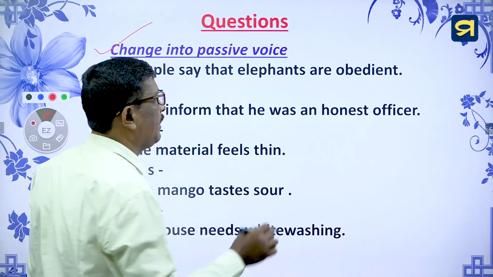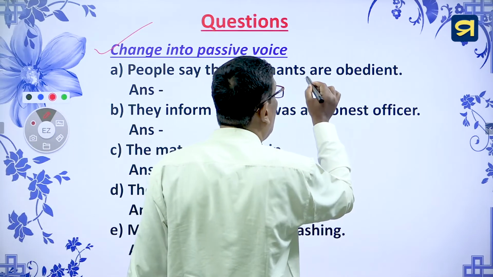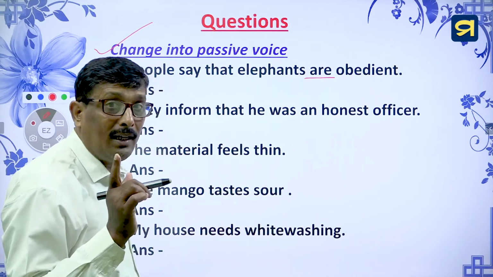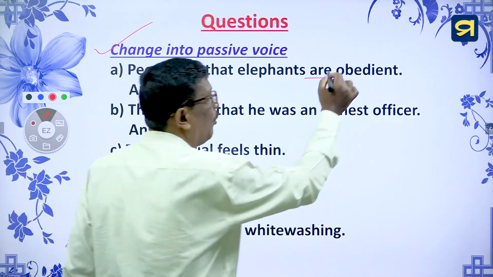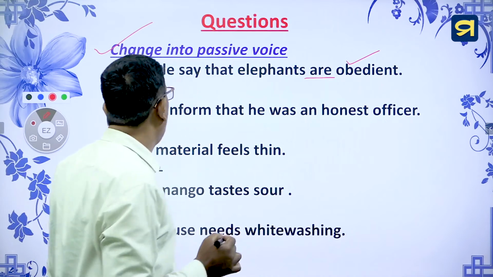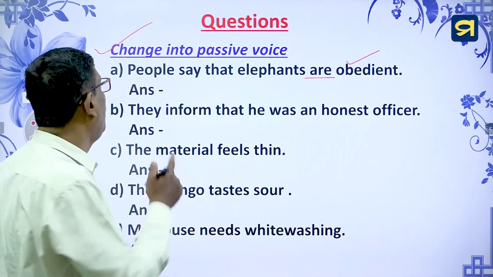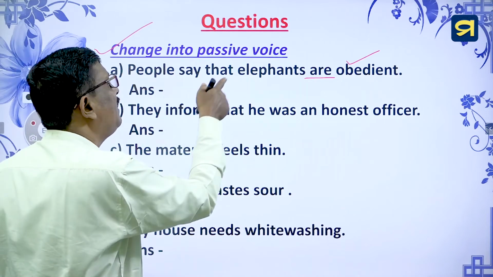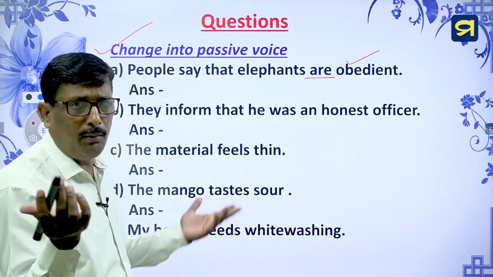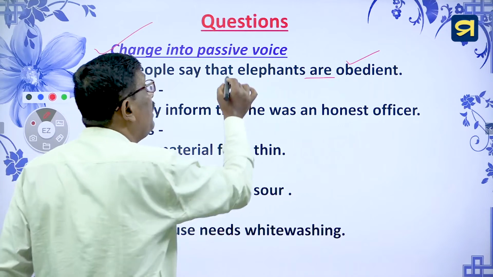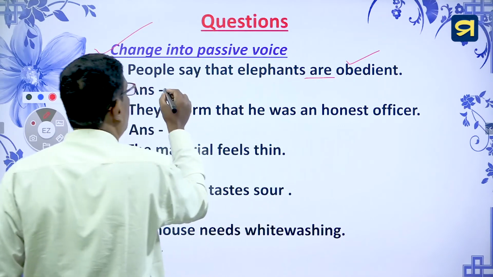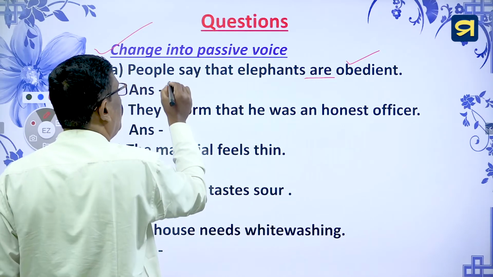Dear students, you mark here that clause has what? Is, am, or are as main verb followed by a complement. Okay, how can you change? We can change in two ways. It is said that the elephants are obedient. Simply you can change. But when we use elephants at the beginning of the sentence, we will change right now.